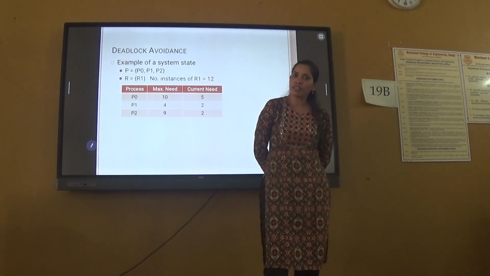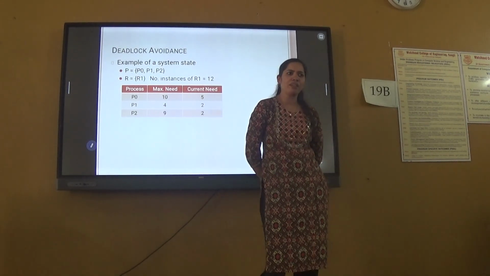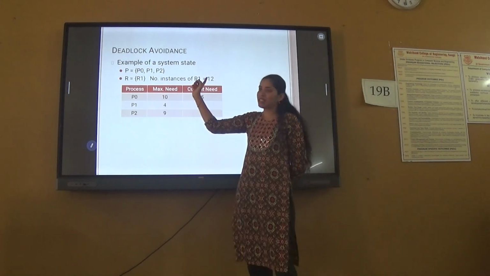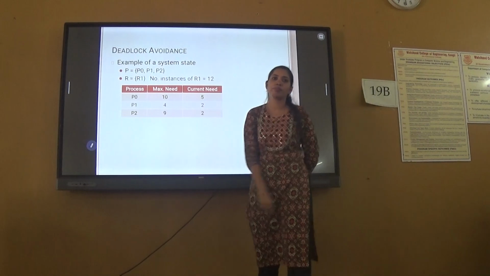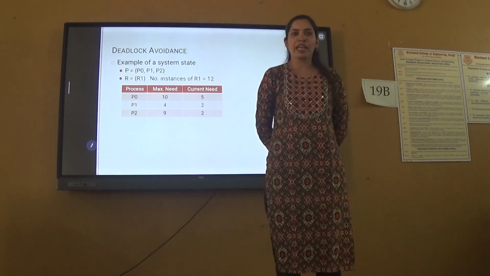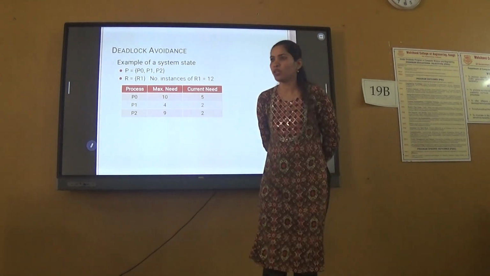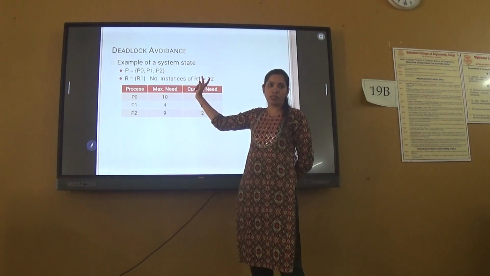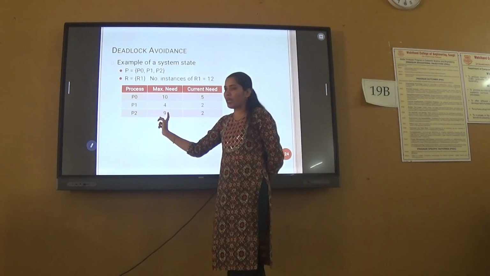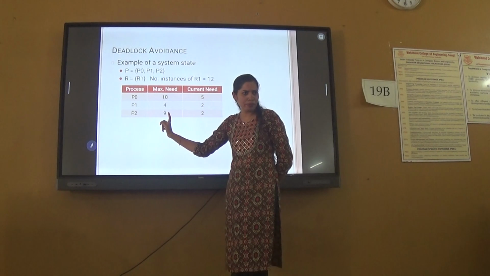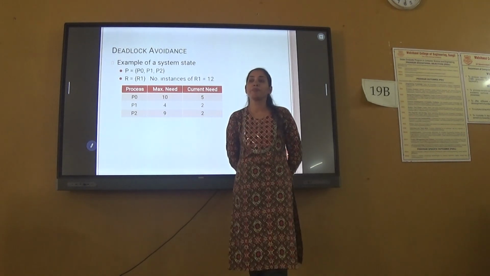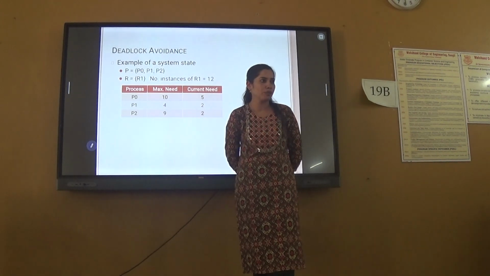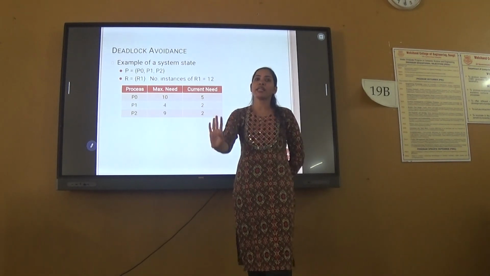Can I accept the request? Yes. Why? 10 is less than 12. Process P1 demands 4 resources. Can I accept? Yes, because 4 is again less than 12. Process P2 demands 9. Can I accept? Process P4 will come, it demands 15 resource instances. Can I accept? No, so it will not be created.